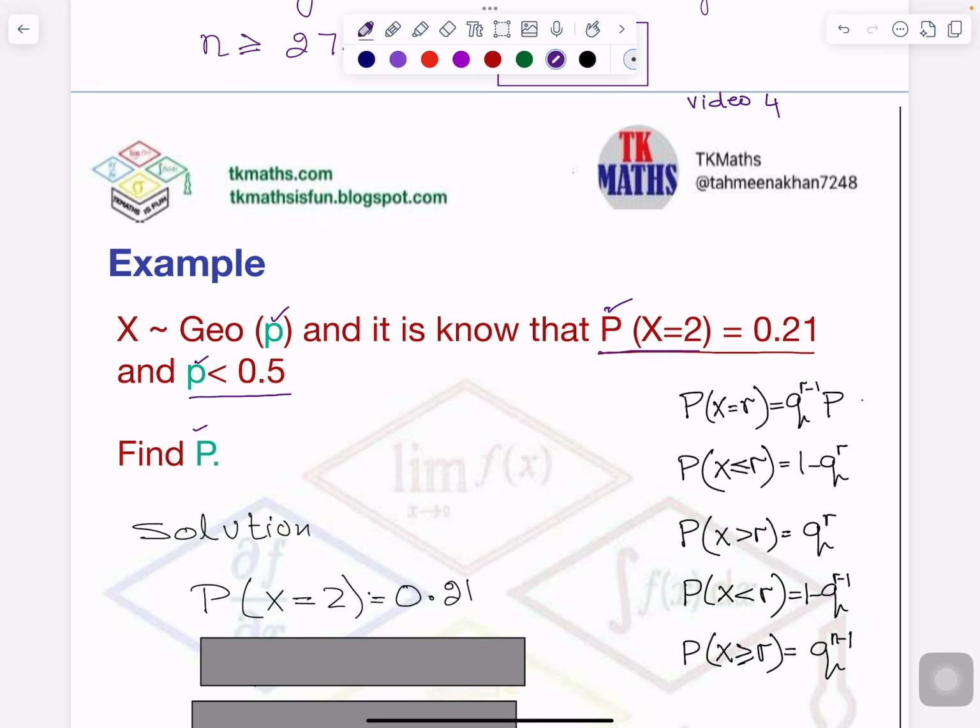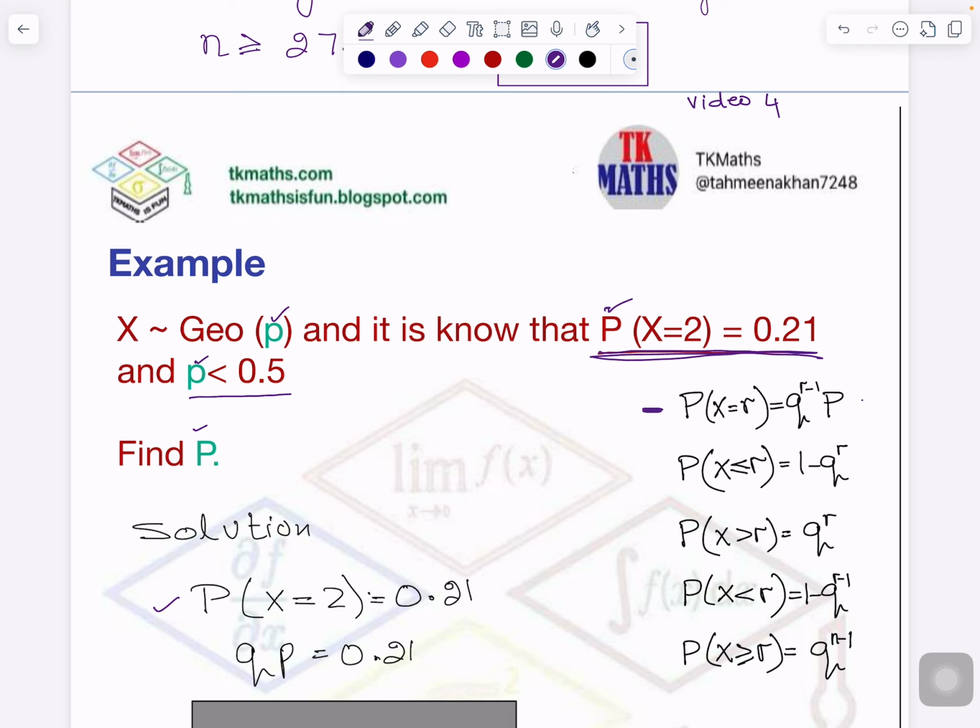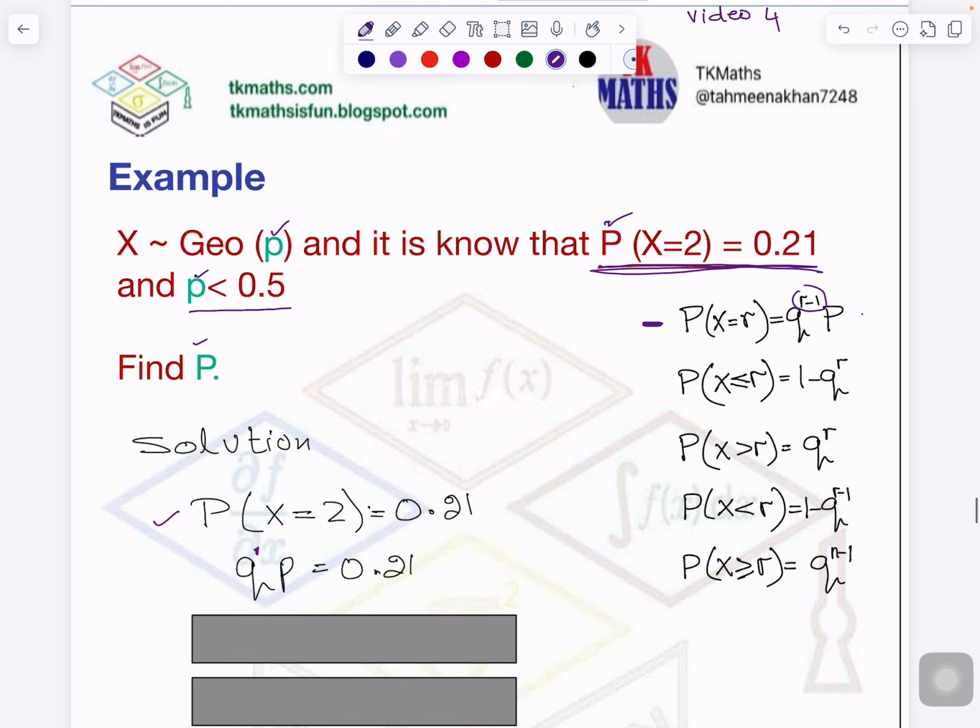I'm writing this equation which is given to me in the question. And in place of the probability of X equals 2, I will apply the formula which we know from here, right? It is qp because it is r minus 1, and when I do 2 minus 1, it will be 1 here, okay?